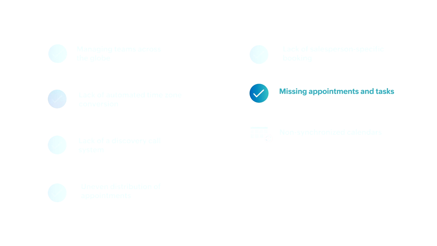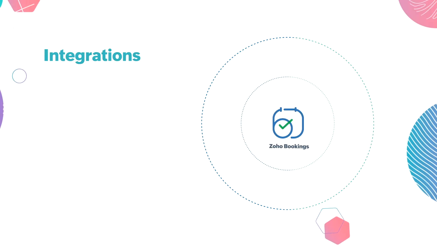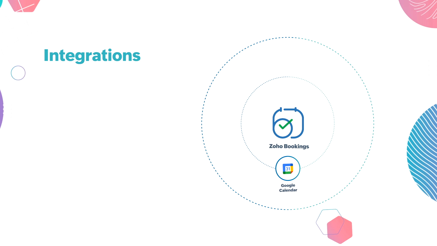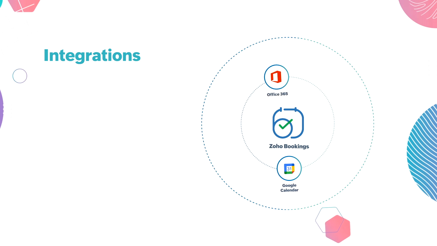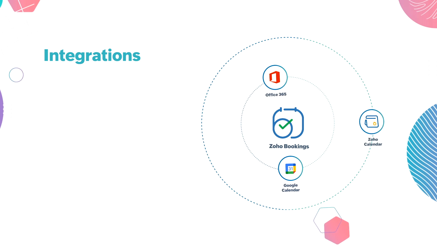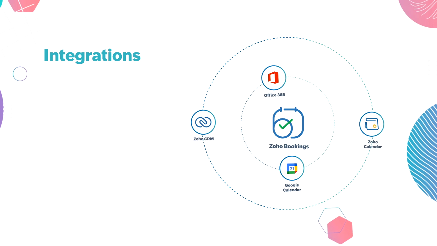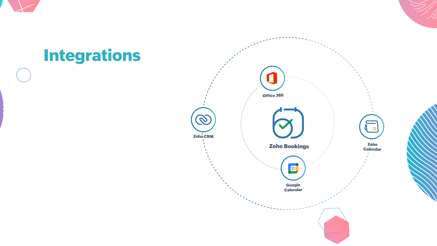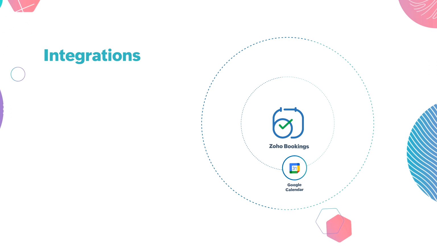Speaking of calendars, let's now take a look at how Roy can make sure all of his agents' calendars are in sync. Zoho Bookings can integrate with popular calendars like Google Calendar, Office 365 Calendar, Zoho Calendar, and Zoho CRM Calendar. Let's say Roy wants his Zoho Bookings to be integrated with Google Calendar because many of his agents use Google Calendar.